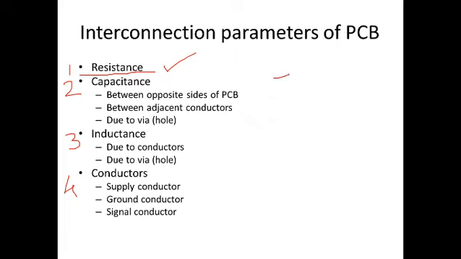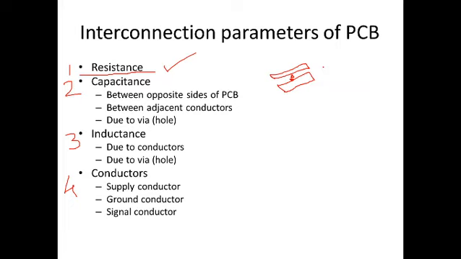There is one conducting plate and another conducting plate, and in between them you have a dielectric material. This is the basic definition of the capacitor. Two conducting plates are separated by a dielectric.